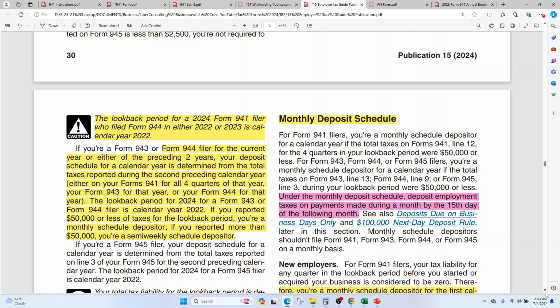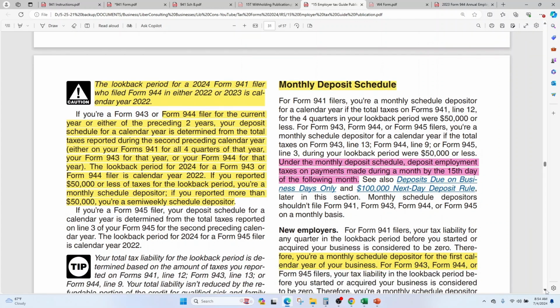And we discuss an existing employer that filed Form 944 in the past. Therefore, they will pull their Form 944 for 2022 and look at line 9 on it to compare it to that $50,000 to see if it's less or equal. Therefore, they are a monthly depositor, or if it's more than $50,000, then they are a semi-weekly depositor.